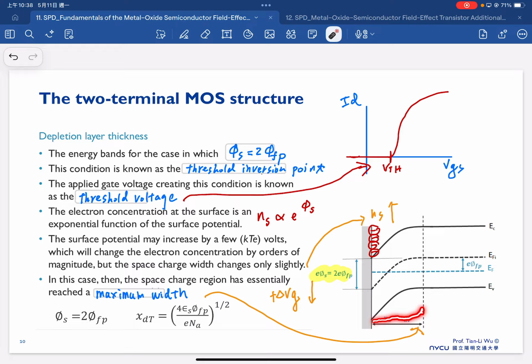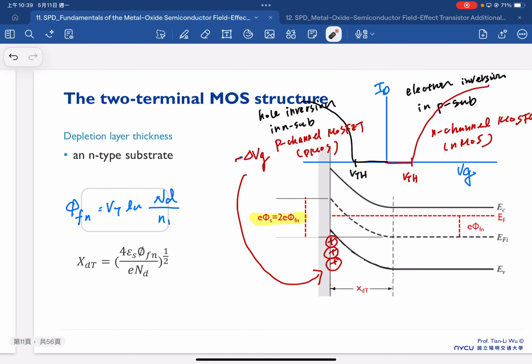We start to have the inversion charge, where we see a much higher electron density here. Therefore the condition to estimate the threshold voltage is that the depletion region reaches the maximum width, because beyond this point we start to have electrons generated.